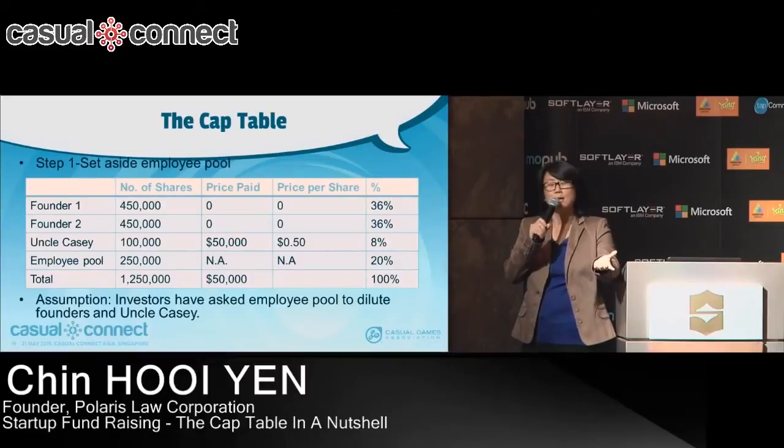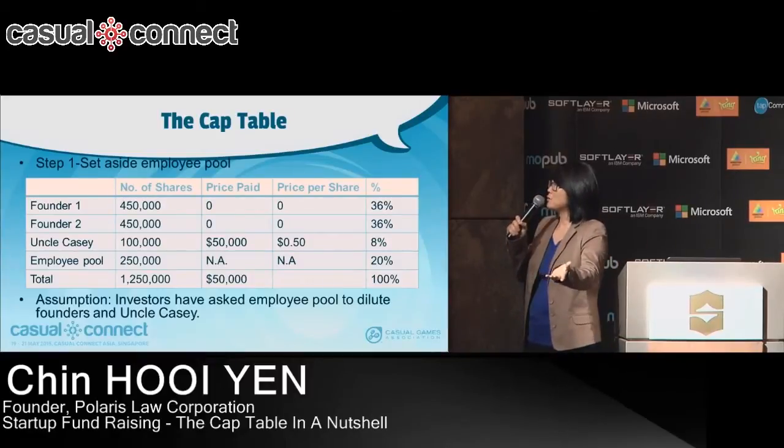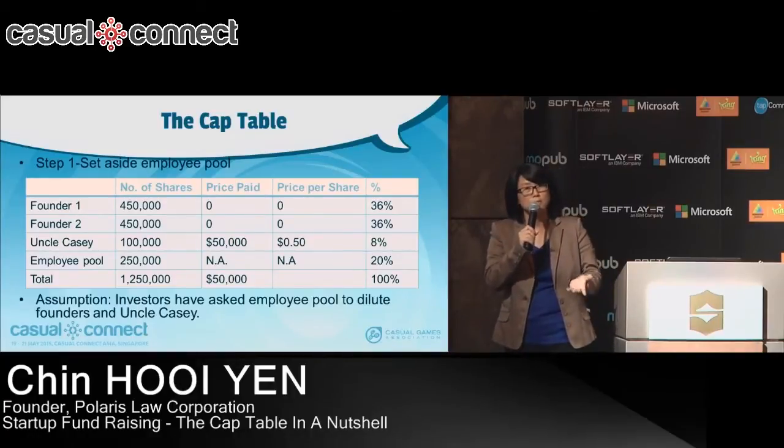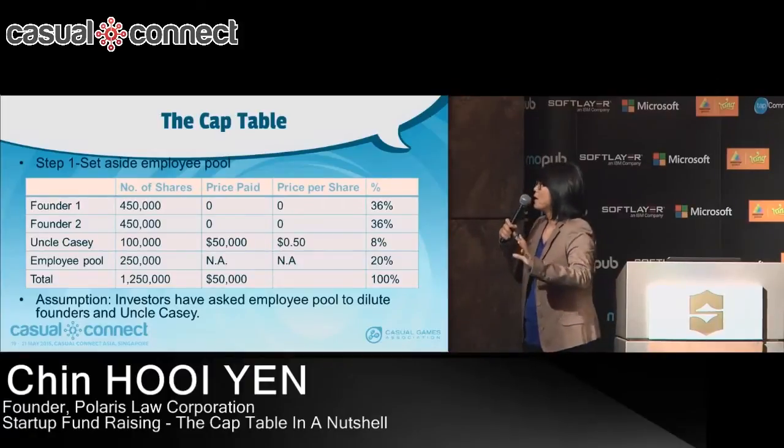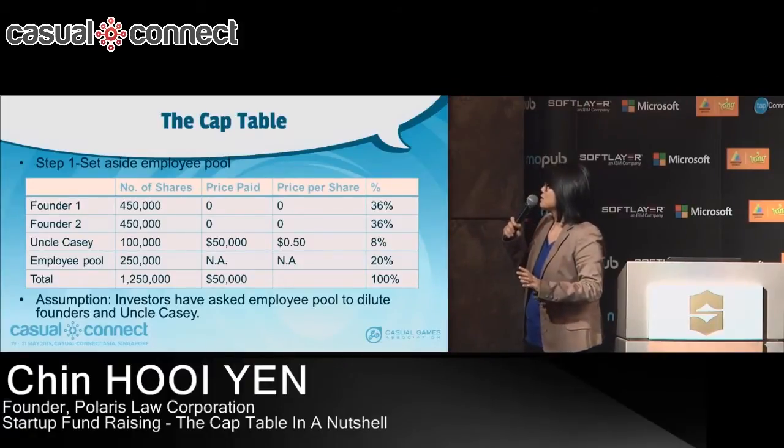When there were 2 founders and Uncle Casey, we've added 250,000 shares, excuse me, because we want to create a 20% pool for now. It will be immediately diluted. You'll see in the next slide. We've got 1.25 million shares. You see that Uncle Casey has paid 50 cents for each of the shares. We'll look at the numbers for the other investors later.